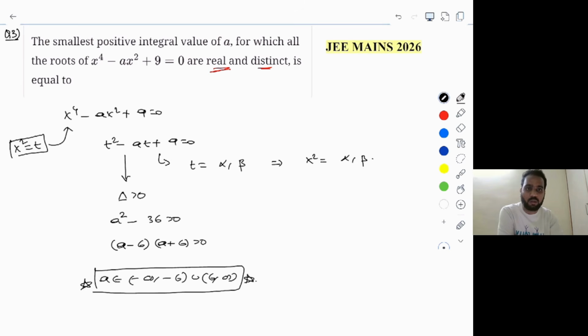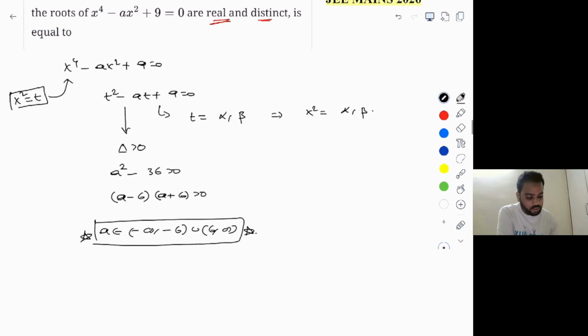This is a common mistake done by students, because our required equation is in terms of x, whereas the condition we are writing down here is for the second degree polynomial in terms of t. And that is why we have to ensure two more conditions. Since I have two cases, x^2 = alpha and x^2 = beta, x will be equal to plus or minus root alpha, and also x equal to plus or minus root beta.